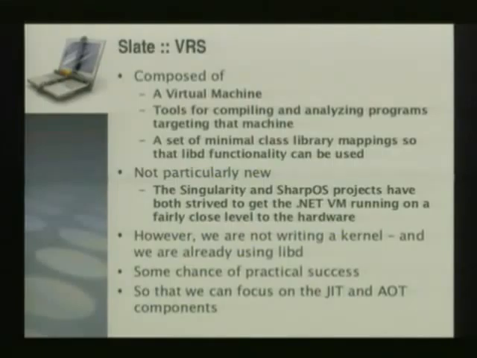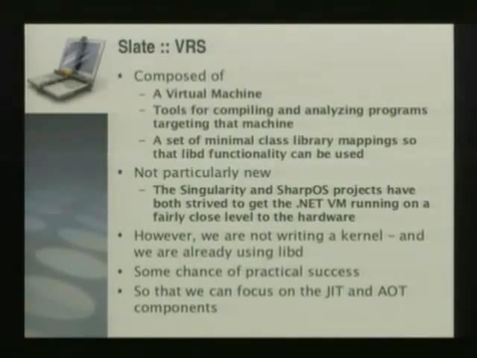Okay, so the virtual runtime system is a straightforward virtual machine. It will include tools for compiling and analyzing programs, such as the bytecode verification, which I've already touched upon. And it will have a set of very minimal class library mappings, not like the system namespace in .NET, hopefully.